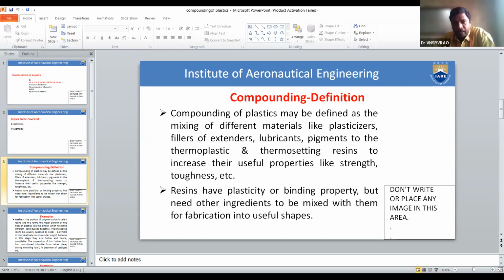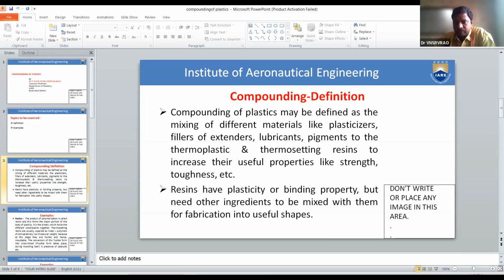See in the first para, compounding of the plastics may be defined as the mixing of different materials like plasticizers, fillers or extenders, lubricants, pigments to the thermoplastic and thermosetting resins to increase their useful properties like strength and toughness, etc.